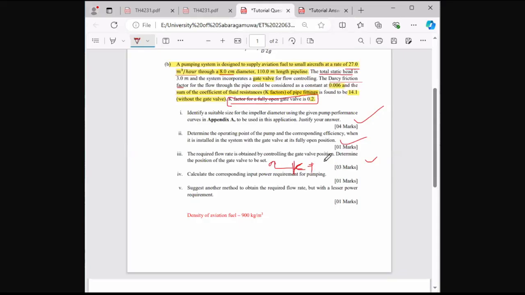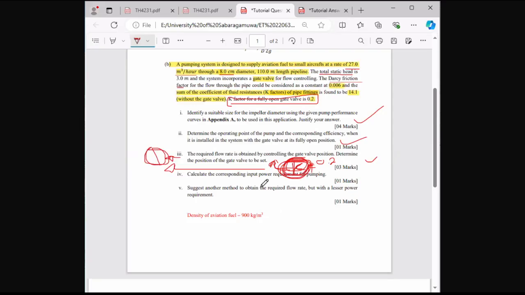We can't consider it as 0.2. Using the total head equation, the efficiency equation, and these things, you need to calculate the new K value for this gate valve. According to this new K value, you can identify the gate valve position. It will be partially closed sometimes. Likewise, you can identify the gate valve position.